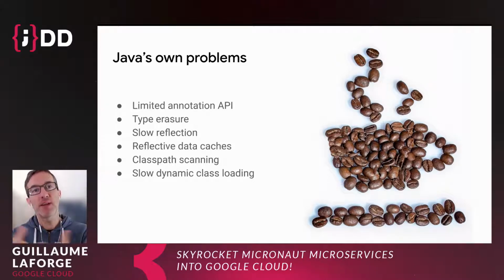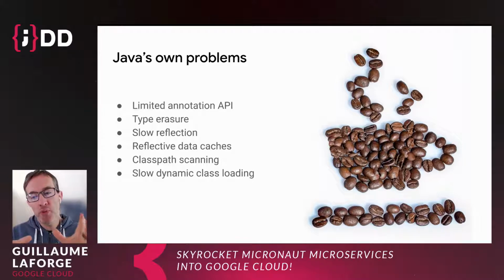with generic parameterization. So there are some limitations due to these things, type erasure, or the fact that the annotation API is not necessarily rich enough for that purpose. When you use reflection for loading stuff at runtime, the reflection is not necessarily super fast, and that's why often frameworks try to reinvent reflection in their own way.